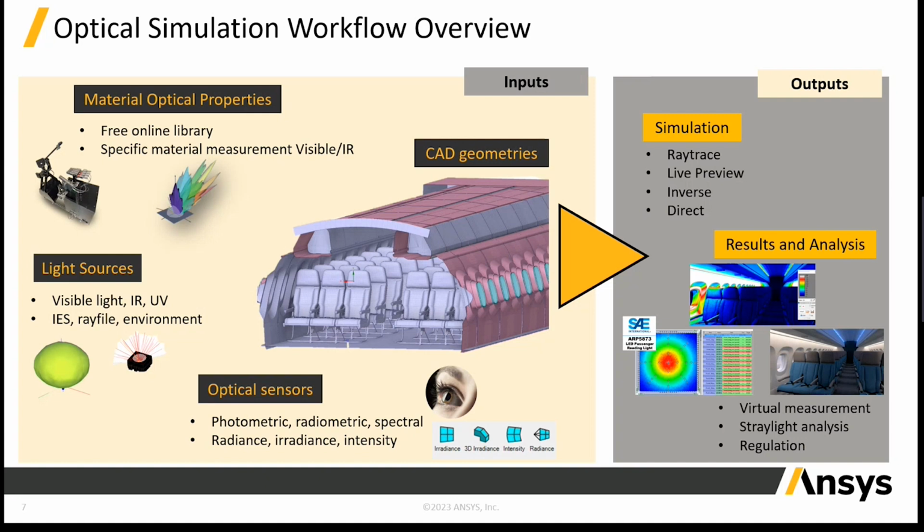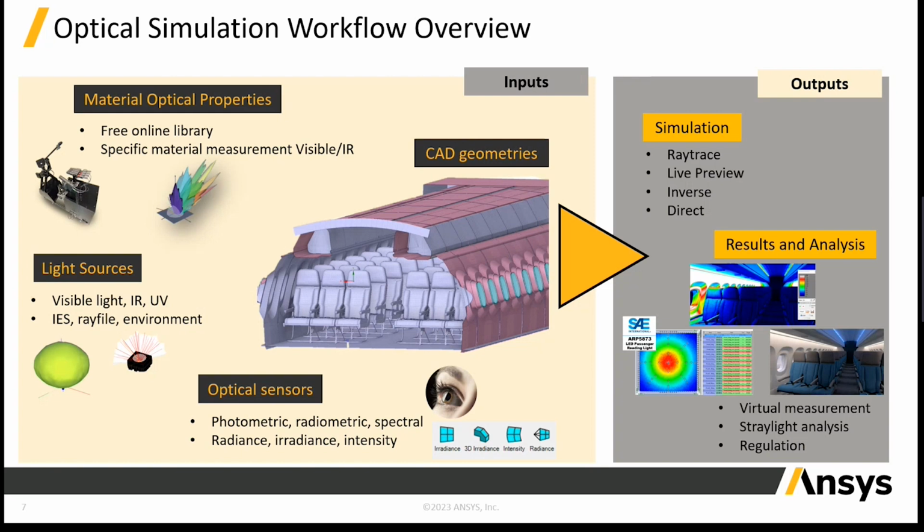So once you have defined the optical properties in a good way, create the light sources. So it can be visible light, infrared, or ultraviolet range. LEDs, surface sources, you can import ray files, IES, and also define with HDRI files an environment source, ambient sources.